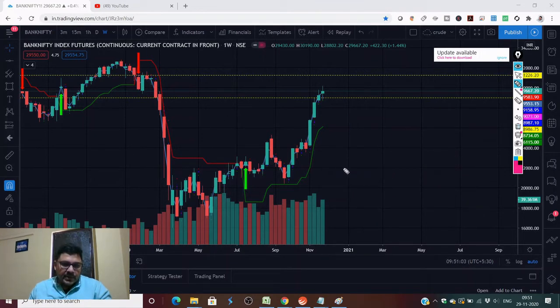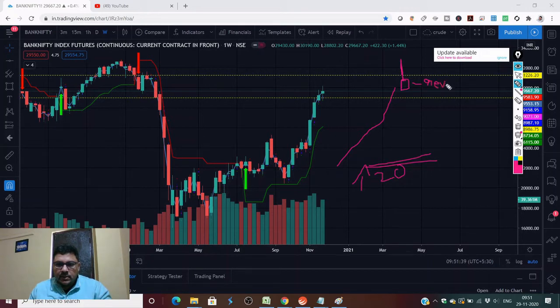If the price is crossing above the 20 period moving average, and it is too far, like the price has moved like here, and here it makes a candle like this, which is a base candle, this base candle in an uptrend is a sign of reversal.